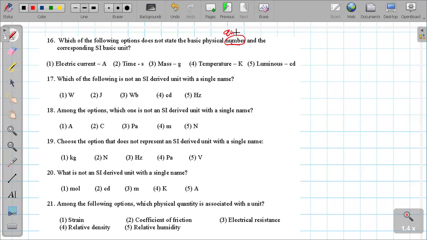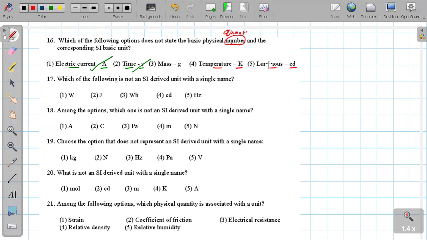Right? This should be quantity. There are some mistakes, ignorable. Electric current, ampere, yes. Time, seconds, yes. Temperature, Kelvin, yes.